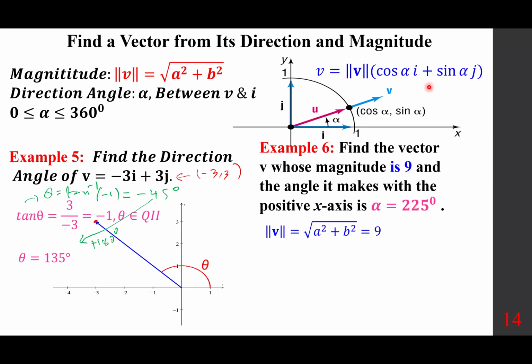And so we put it into this formula. The magnitude is 9 times cosine of 225 degrees i, sine of 225 degrees j, or simply put, if you go with ai and bj, a is cosine times this, and b is sine times that.